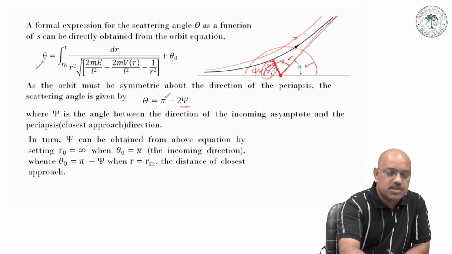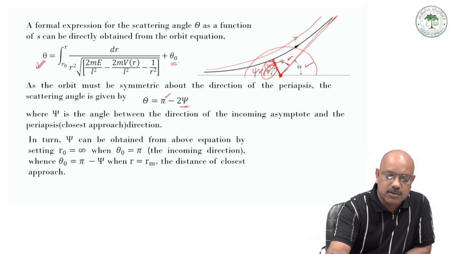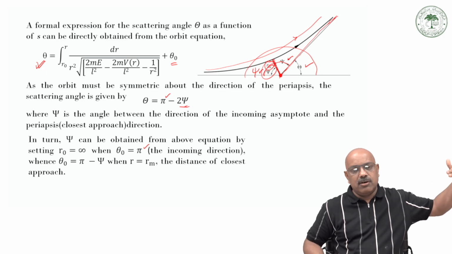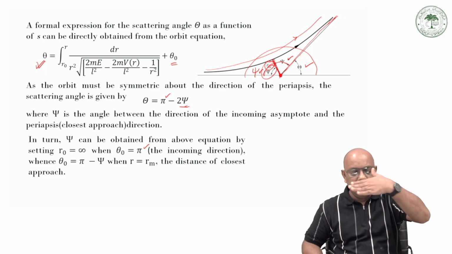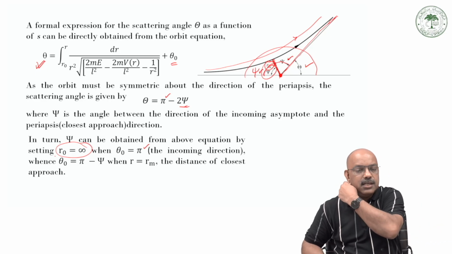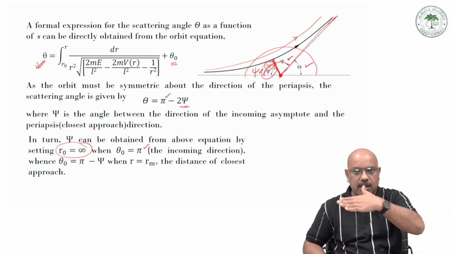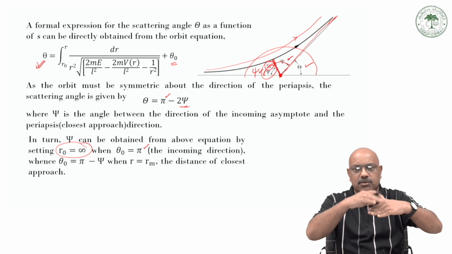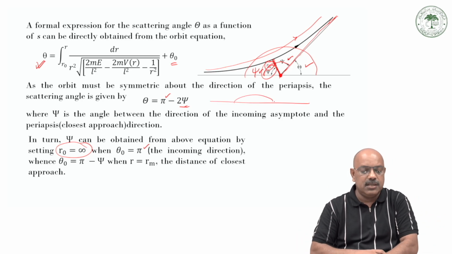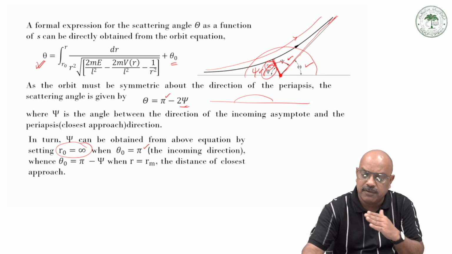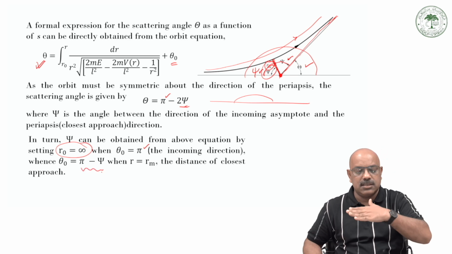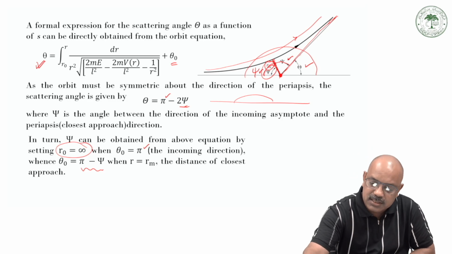Now in this expression, I take theta naught to be pi, because r naught is infinity, the particle is coming from infinity, and theta naught is pi, that is the incoming direction where there is no deflection, so the angle is pi. When deflected, theta naught becomes pi minus psi when r is Rm.